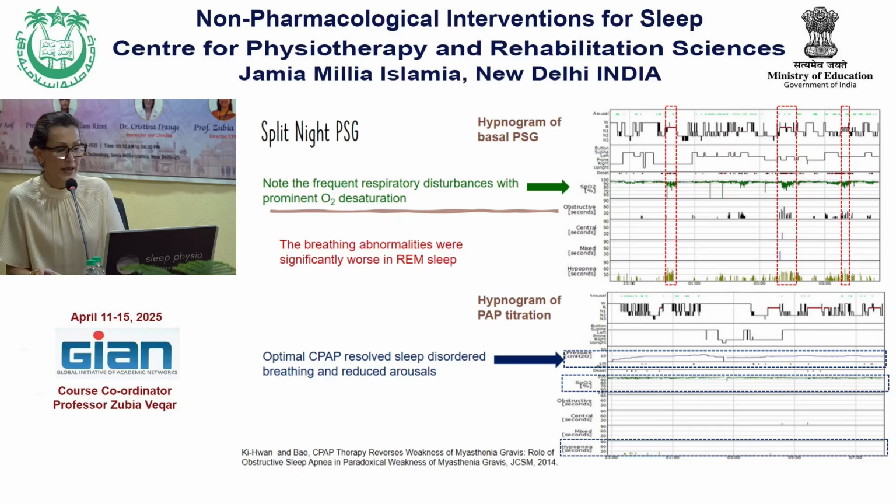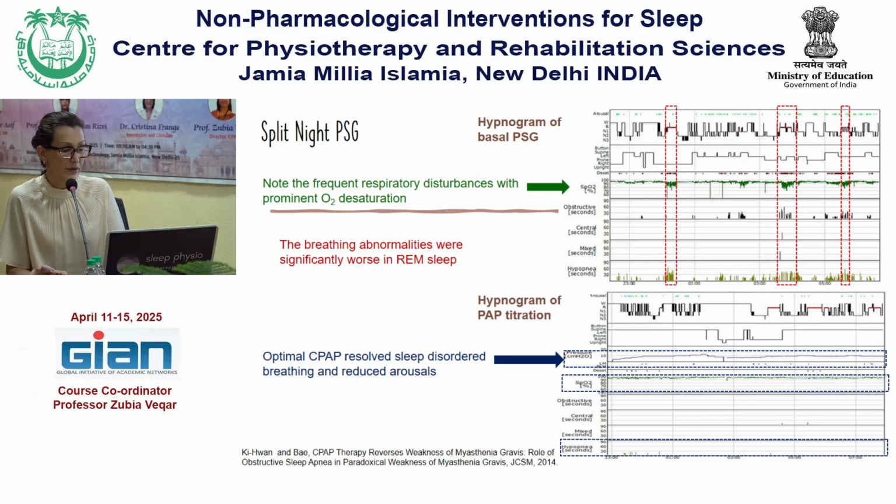We see the same patient when we have the PAP titration, everything treated. The patient goes into REM sleep, and here are the obstructive, central, mixed events, and hypopneas. This patient had a lot of hypopneas and a little bit of apneas. It disappears.